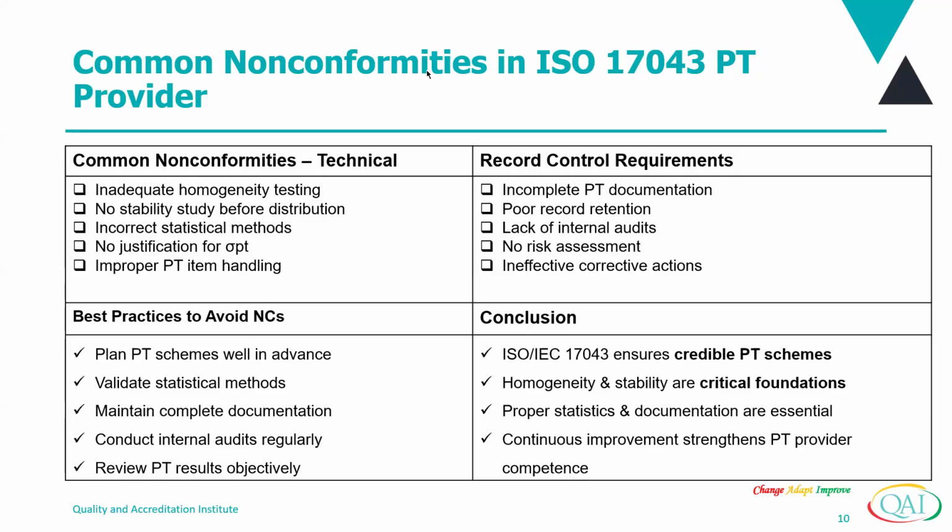Incorrect statistical methods. Yes, sometimes we are simply calculating things on Google Drive or from online portals, and some other tools are available. You must be clear on how to calculate this, how to apply these statistical methods, and it must be written very clearly in your SOPs, and how to apply it in the Excel file.